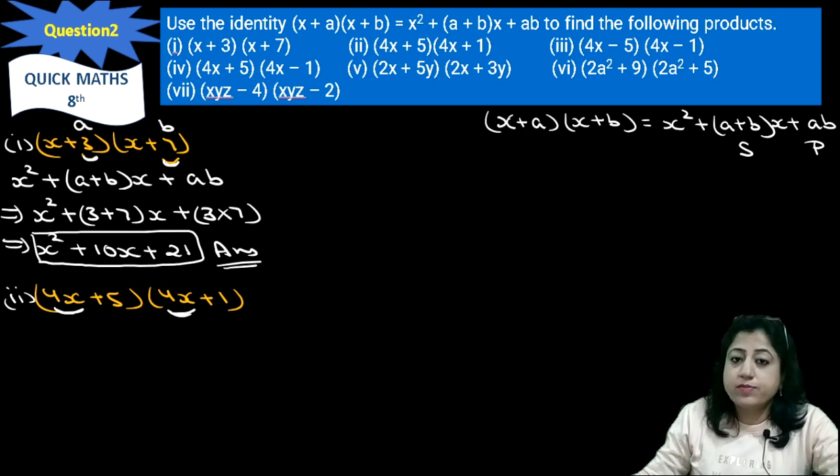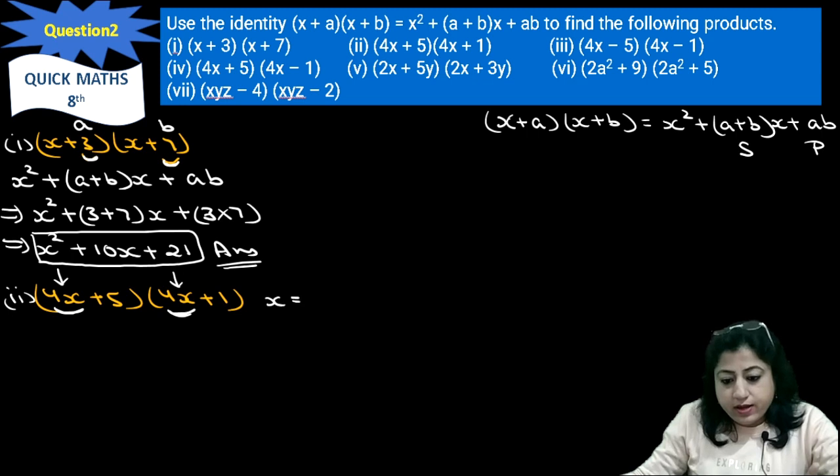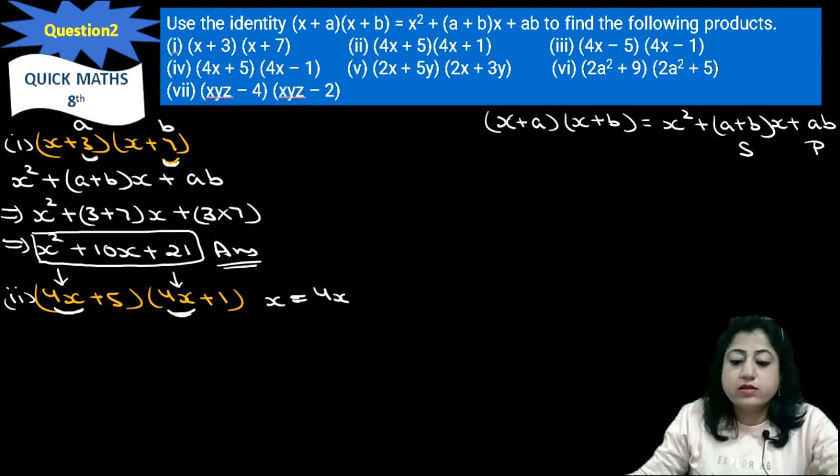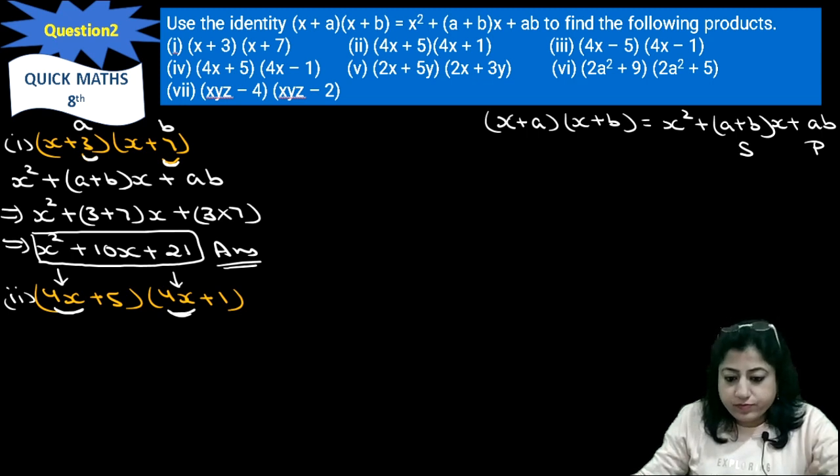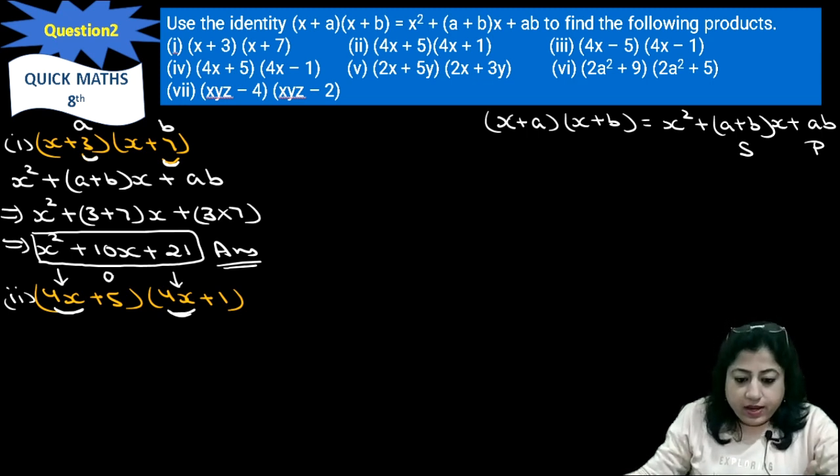So the first terms are the same in both brackets, but the second terms are different, 5 and 1. So obviously we will utilize the fourth identity. What is x? x is 4x. Here, in place of x, it is 4x. Now a is 5 and b is 1.